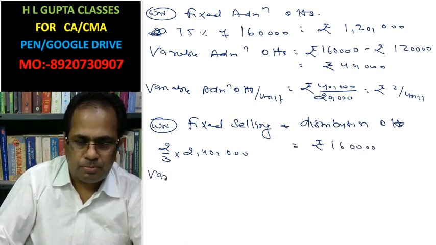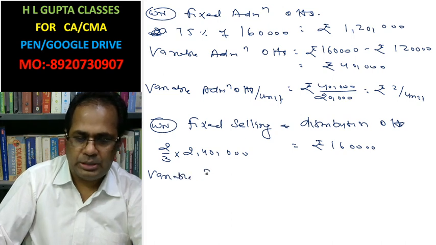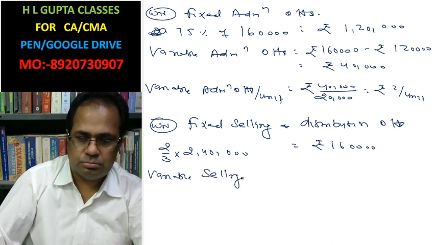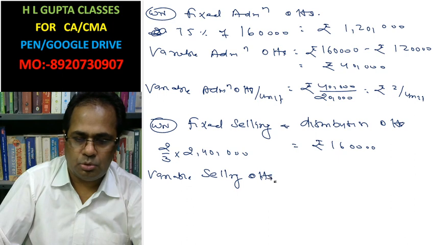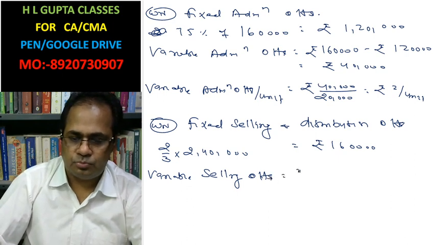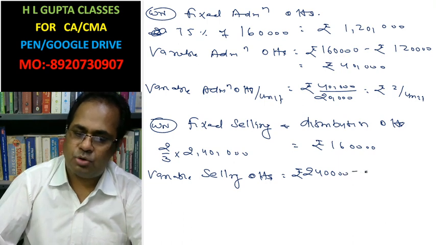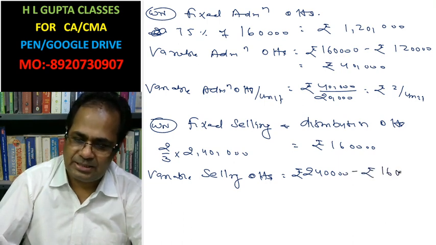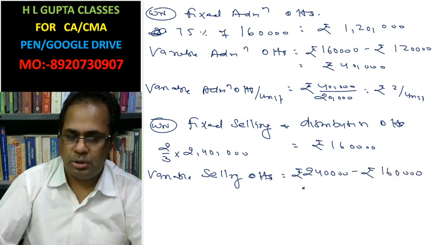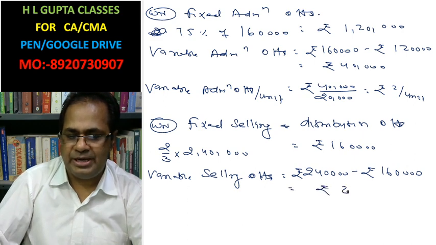Variable selling overhead: rupees 2,40,000 total, out of that fixed is 1,60,000, so rupees 80,000.